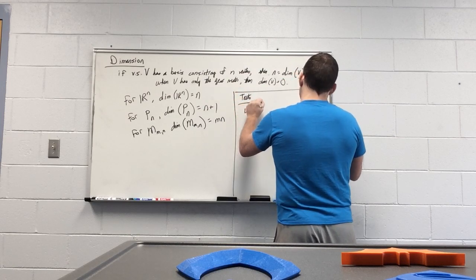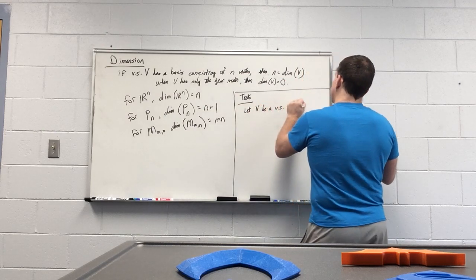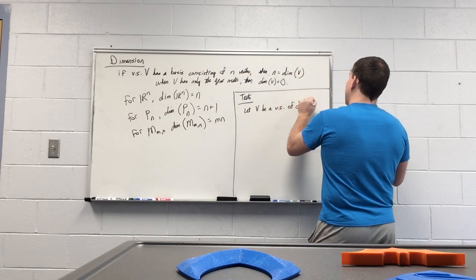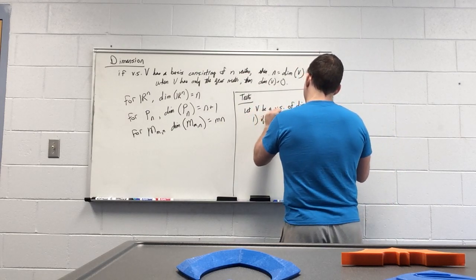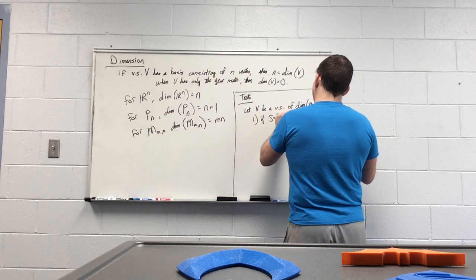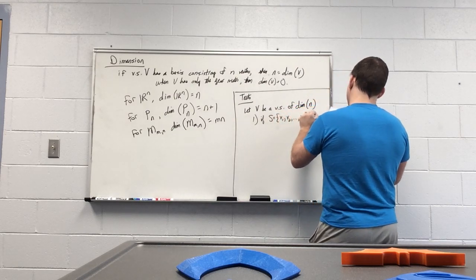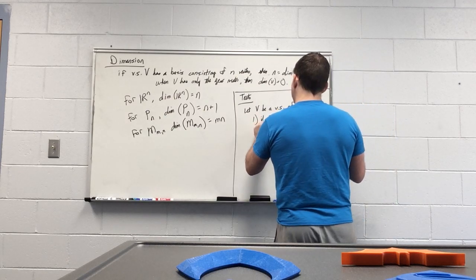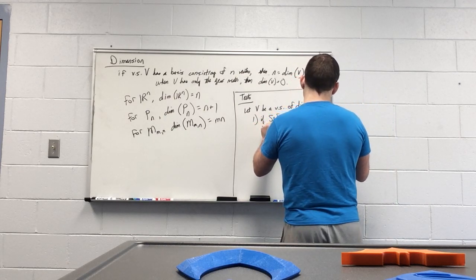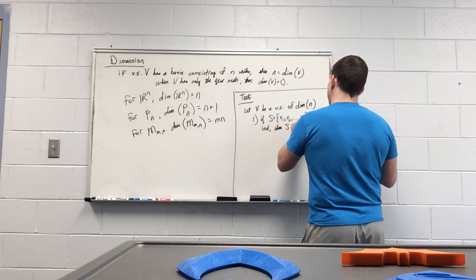So let V be a vector space of dimension n. 1. If S equals {v1 out to vn} is linearly independent, then S is a basis.